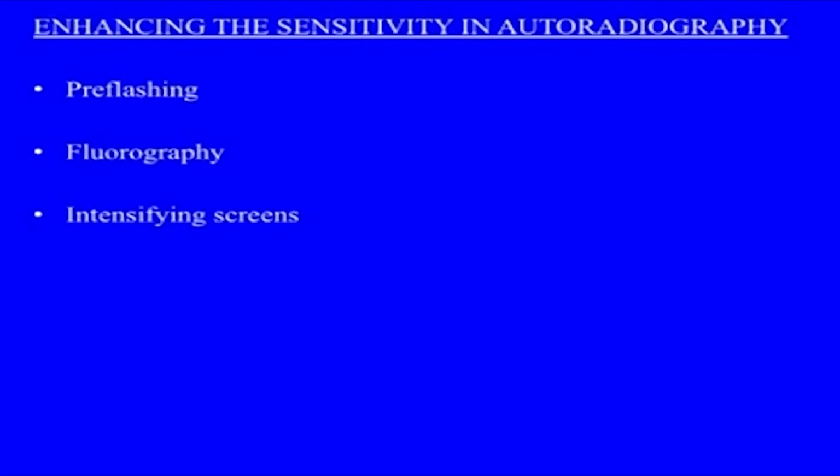Then there is fluorography. A radioactive sample containing soft beta emitters such as 3H in a chromatogram or electrophoresis gel cannot be located precisely, as much of their energy is lost in the gel. However, sensitivity can be enhanced drastically by infiltrating the gel with a scintillator or fluor like PPO, then drying the gel and placing it against a pre-flashed X-ray film.